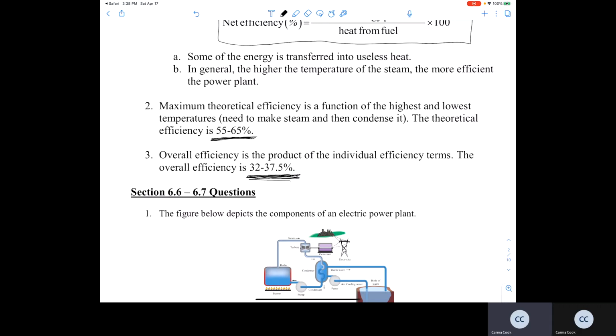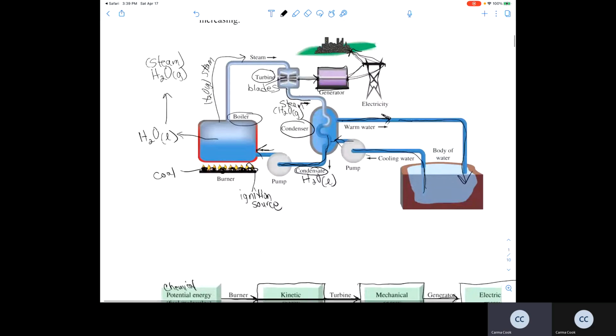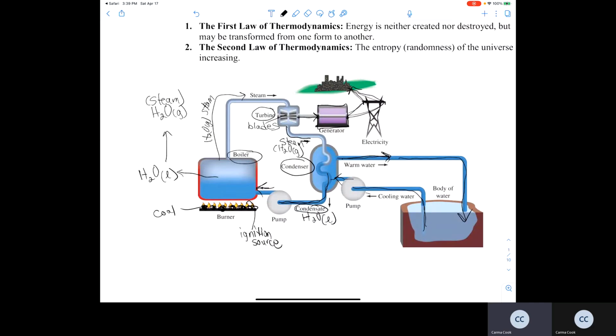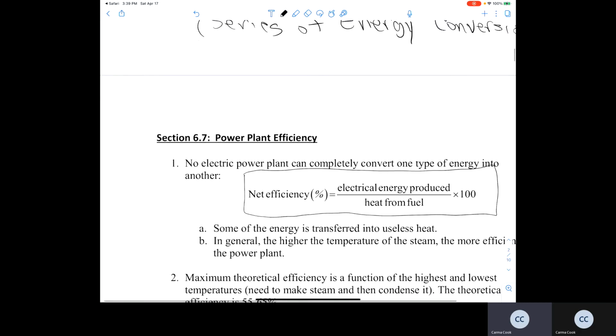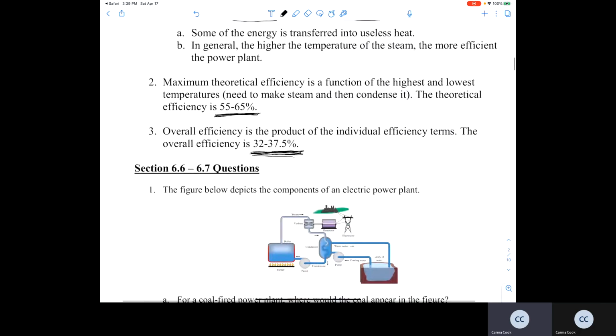That means of all the heat generated from burning the coal, only about 32 to 37.5% of that heat is actually used to make electricity. The rest of the heat gets lost, not really lost, but just absorbed as you go through each step of the power plant process. Some of it gets absorbed by the pipes, and so on and so forth.